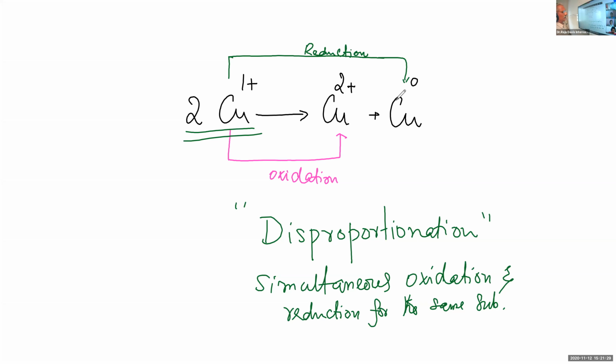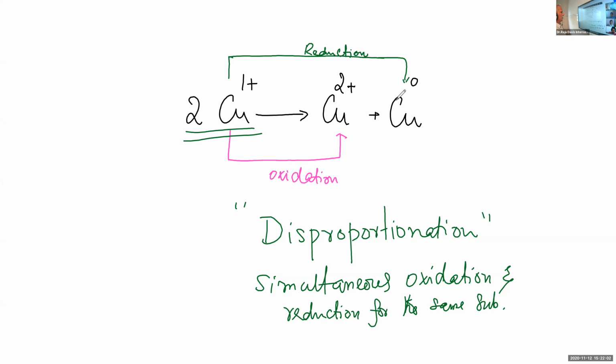So this is called a disproportionation reaction. It is not given there in your notes, so you just add this reaction to your notes. All of you who are behind the curtain, please add this reaction to the last page.